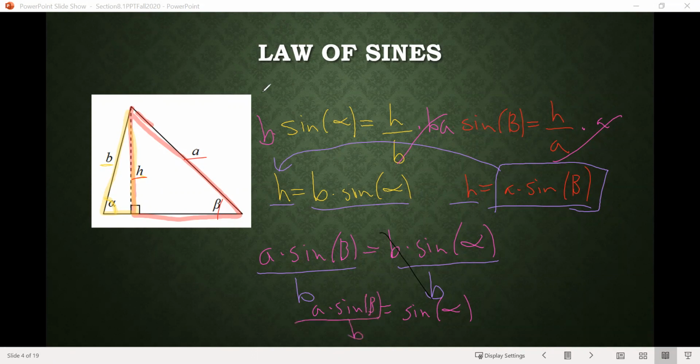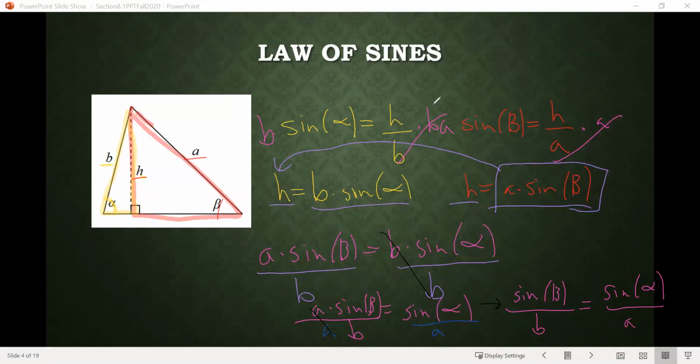Over b. And then we can divide the a out on that side and divide it on this side as well. And when we do that, what we end up with then is sine of beta over b equals sine of alpha over a.